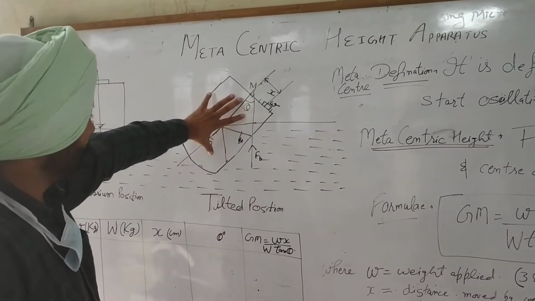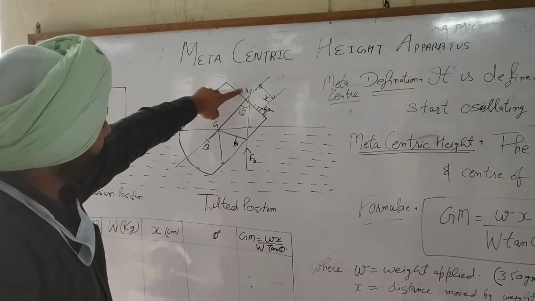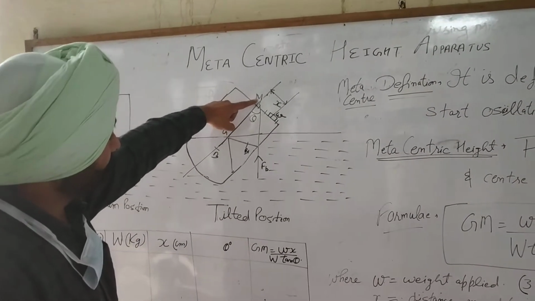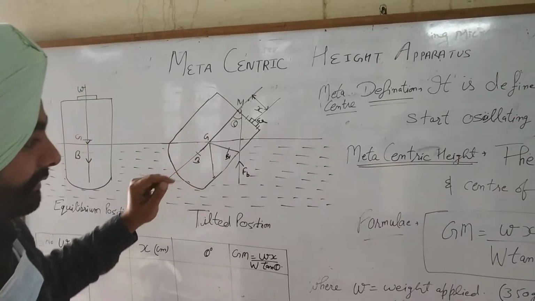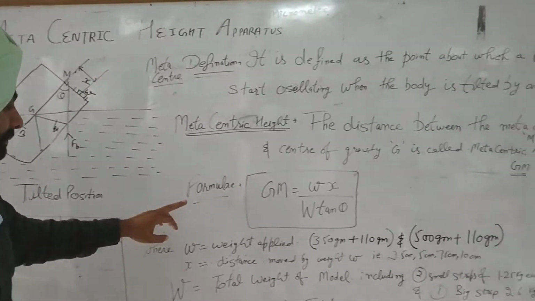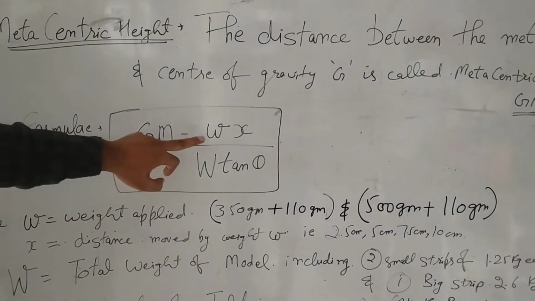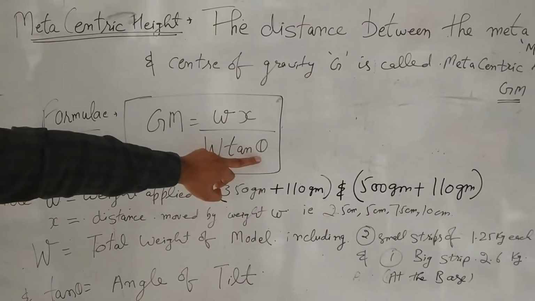So the whole weight of this ship is located at G, and this body of the ship will start oscillating from a point M. The distance between G and M is called metacentric height, and you have to calculate that. The formula for this calculation is GM equals small w into x, divided by capital W into tan theta.